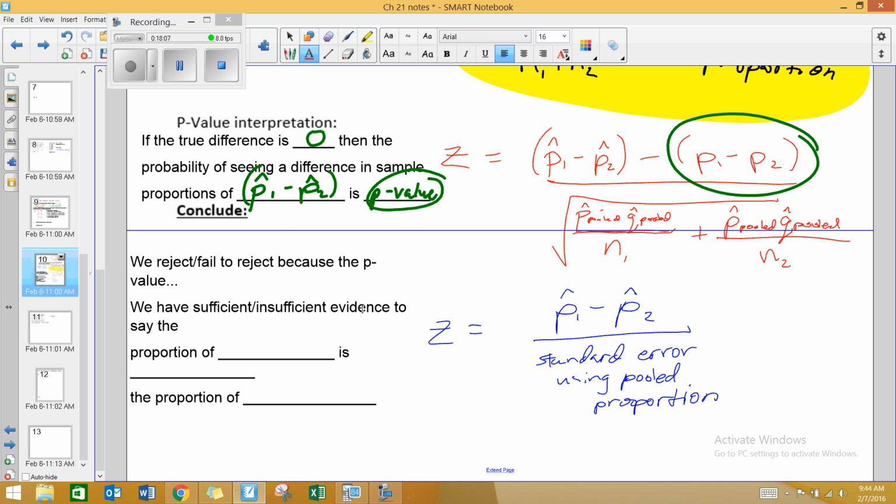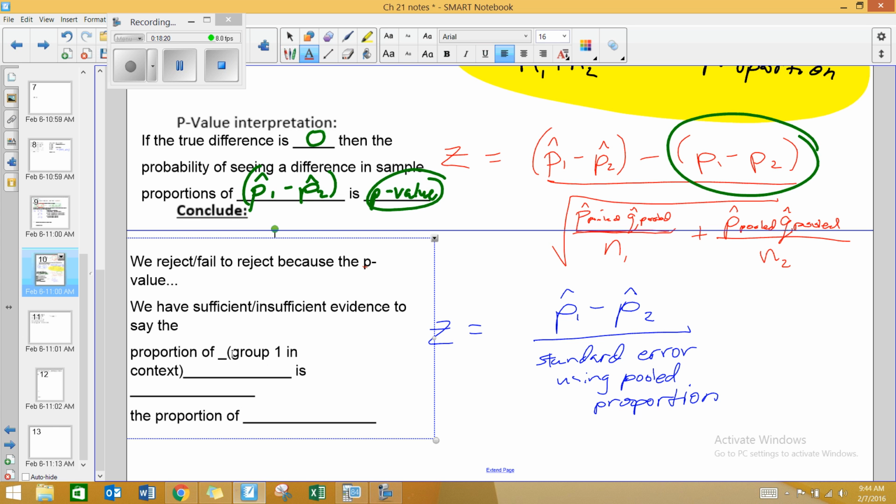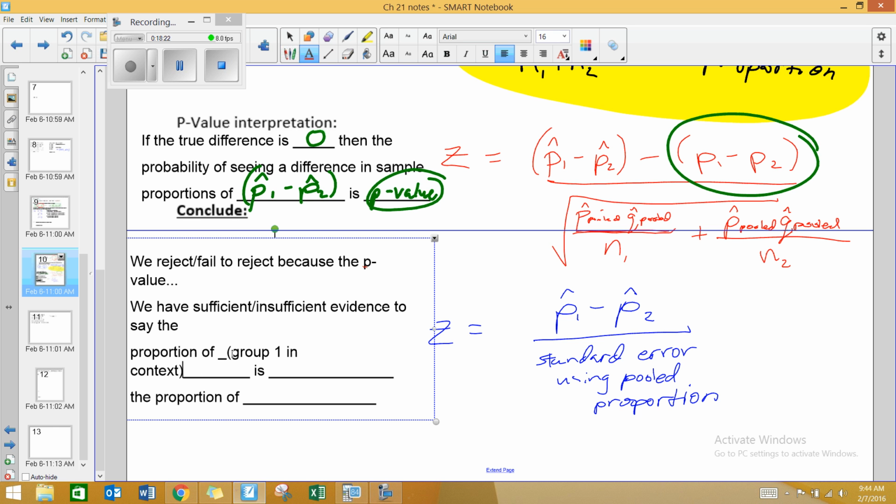So what is all this saying? We reject or we fail to reject. We have sufficient evidence to say the proportion of, well, this is group 1 in context. Whatever that alternative was that I stated, that's what I've just found evidence for.